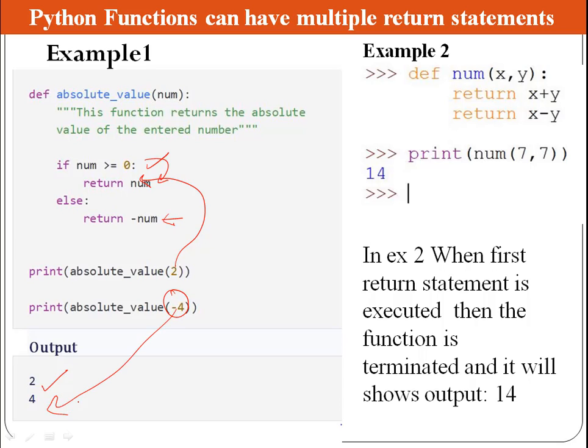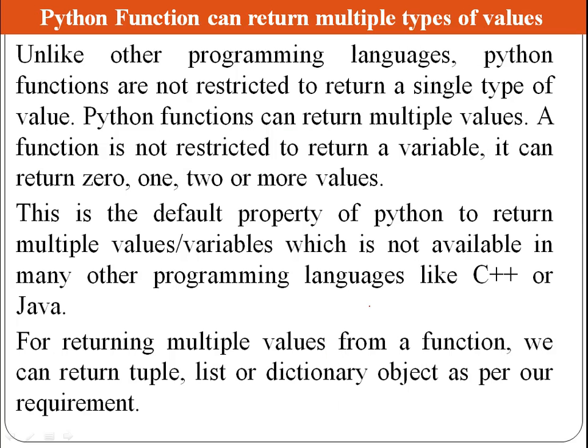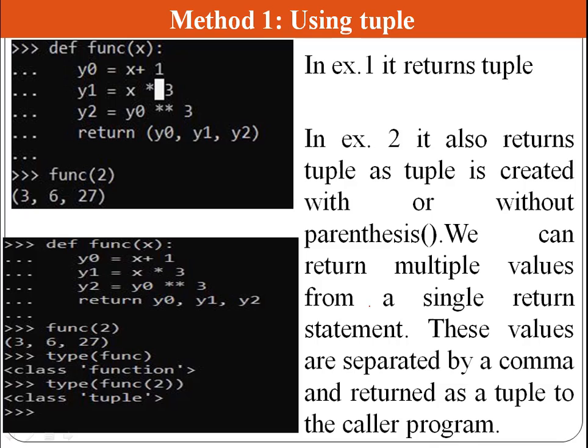You can use a tuple as well for returning. Here you can use a tuple for returning, right? Multiple values can be returned without commas as well, or with parentheses. You can return a list as well.